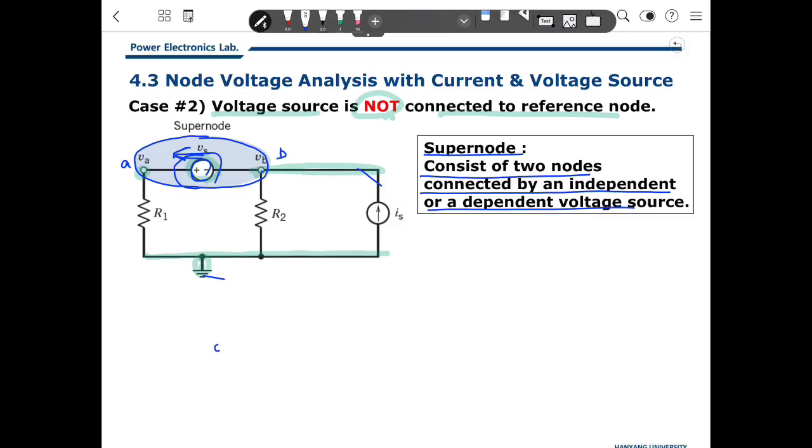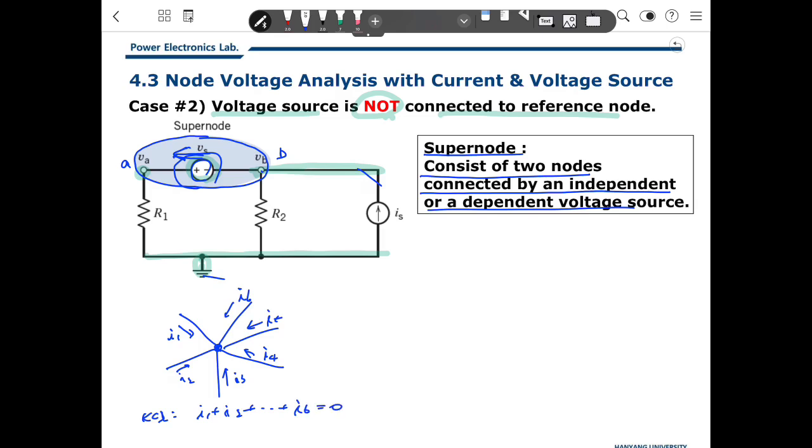I will give you some example. This is a node, with these branches. The currents here are I1, I2, I3, I4, I5, I6. What is KCL? KCL means I1 plus I2 plus up to I6 is 0.